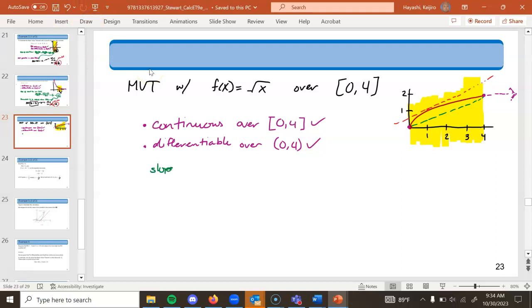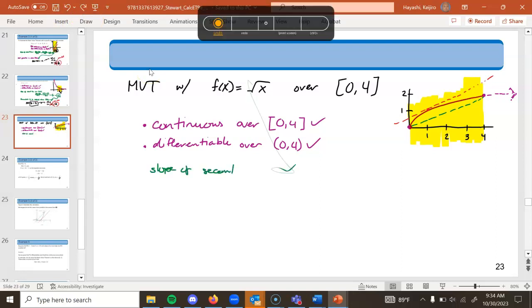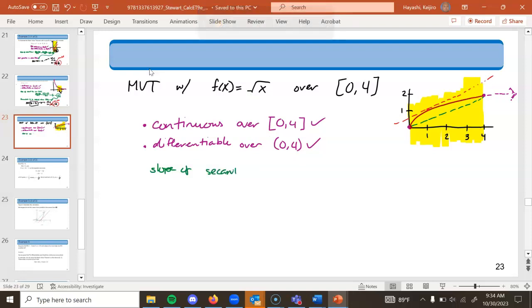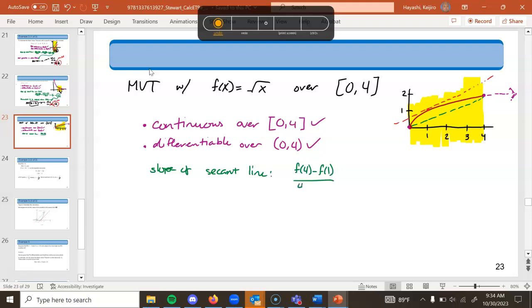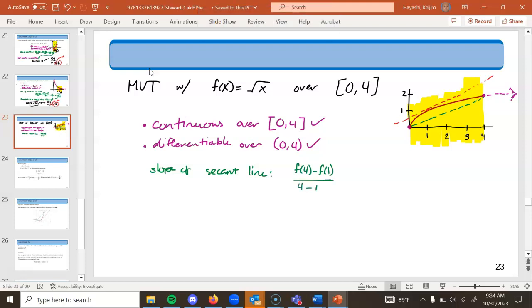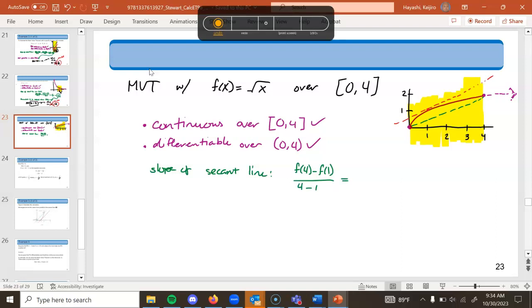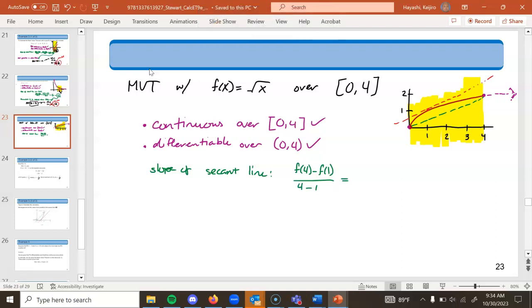So the slope of that secant line is given by f of 4 minus f of 1 over 4 minus 1. Now, f of 4, if you plug in 4 into the function, you get 2. If you plug in 1 into that function, you get 1.